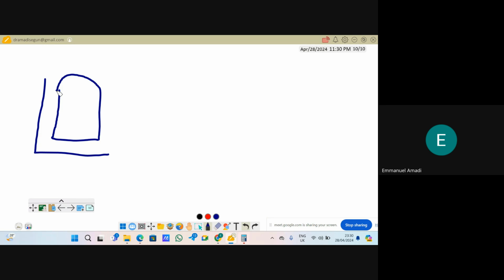Now, see what I want you to understand. Just imagine this patient has aortic regurgitation. Where does the aortic valve close? This is where the aortic valve closes. Now, if the patient has aortic regurgitation, it simply means that the aortic valve is incompetent.